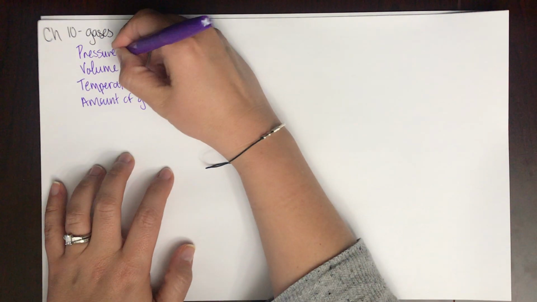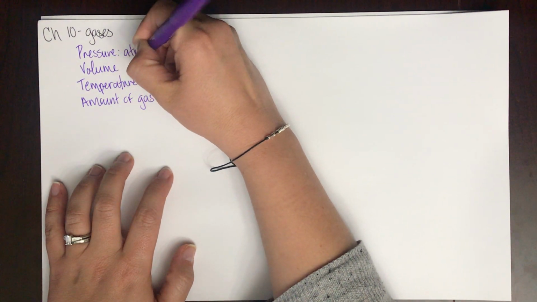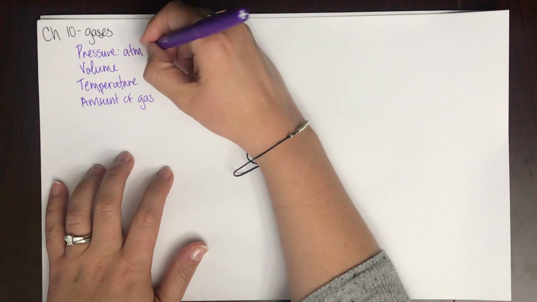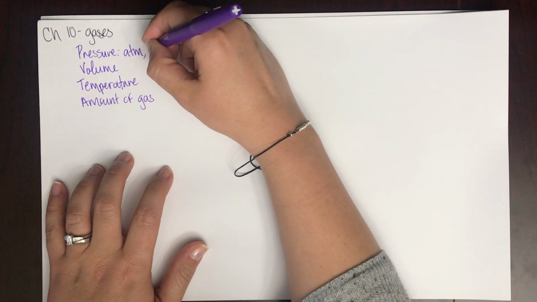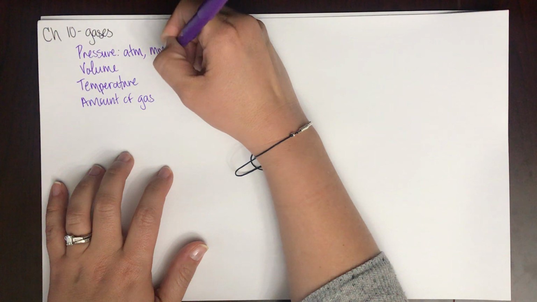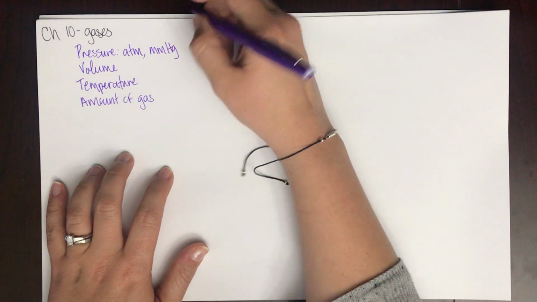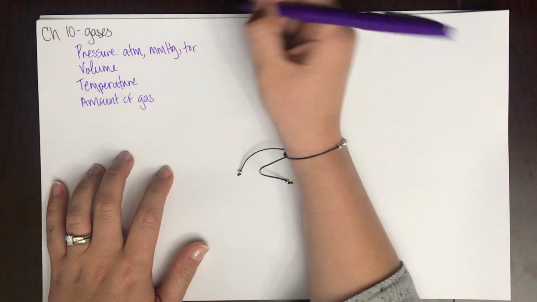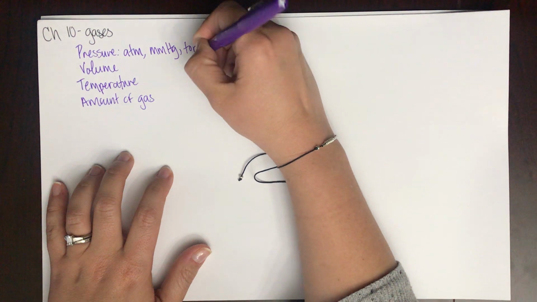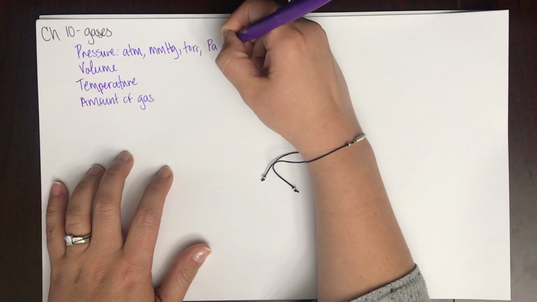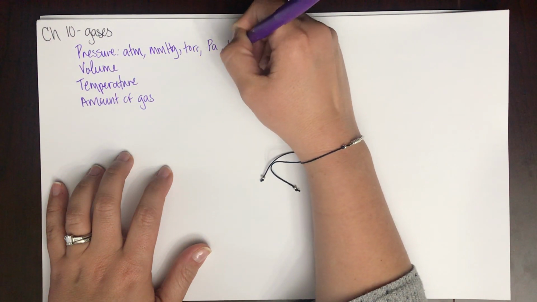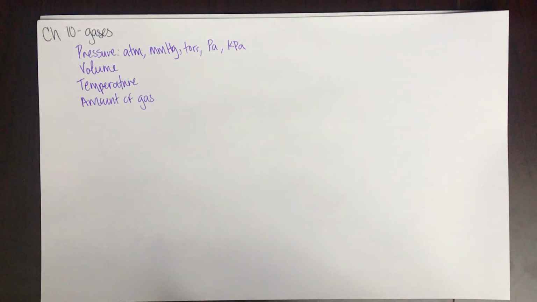Some of the units that we're going to see are atmospheres, abbreviated ATM, millimeters of mercury, torr, and then pascals and kilopascals. These are all different units that represent the amount of pressure of a gas.